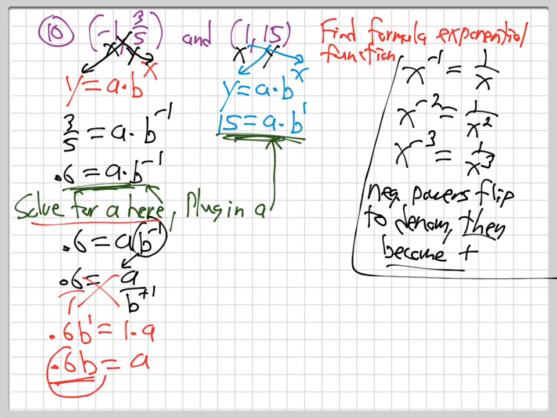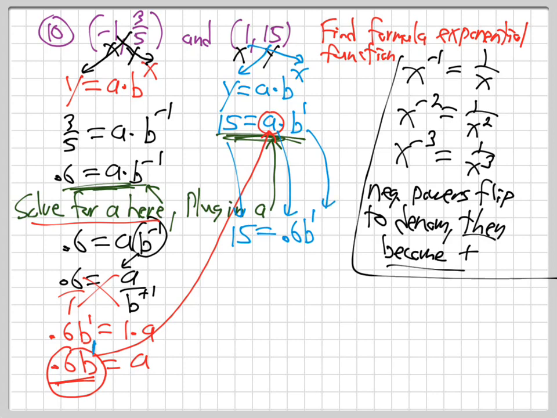It's 0.6b. Now take that and plug it in for a right there. And then this equation will become 15 equals, and what is a? 0.6b to the 1. Well, you can leave the 1 there. Times the other b to the 1. You're tracking with what happened there.